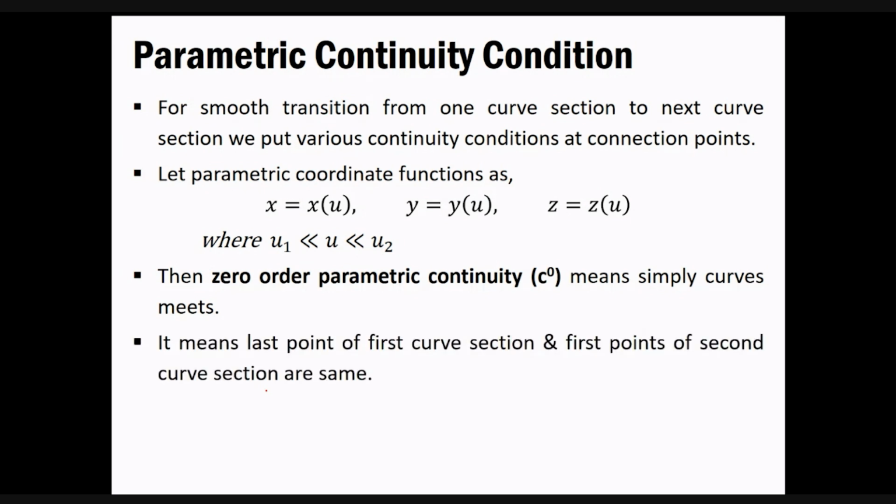It means the last point of the first curve section and the first point of the second curve section are the same. If they are the same, you can say they are merging at that particular point. If they are different, you cannot say that they are merging at a given point, as shown over here.